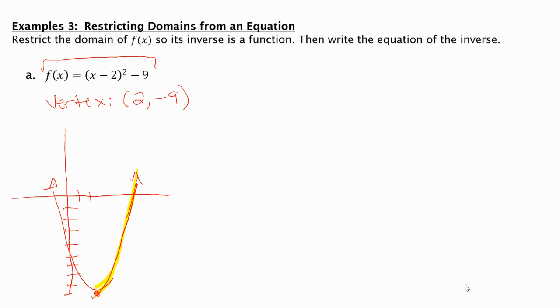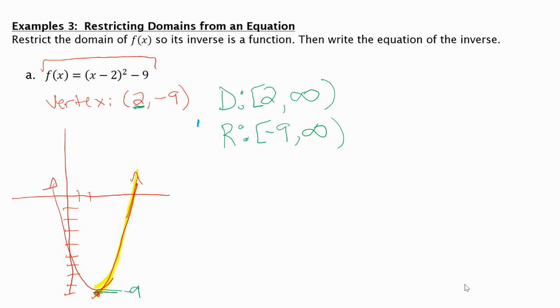Okay, so if I was to look at this domain, I'm going to start the x value of my domain with the x value of the vertex. And I'm going to choose just the right side, so it's positive, but you could have done -infinity to 2. That would still get you a correct answer. For the range, I know my vertex, this is -9, so I'm going to go from -9 to infinity.